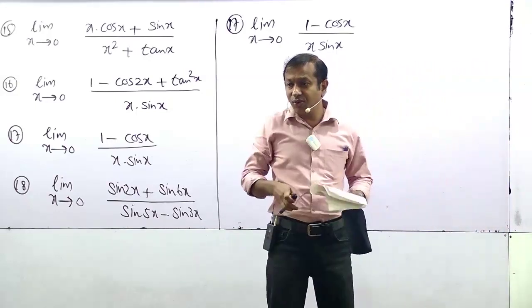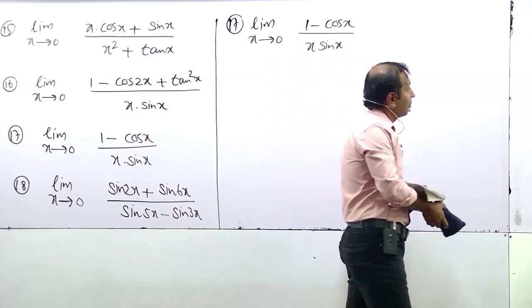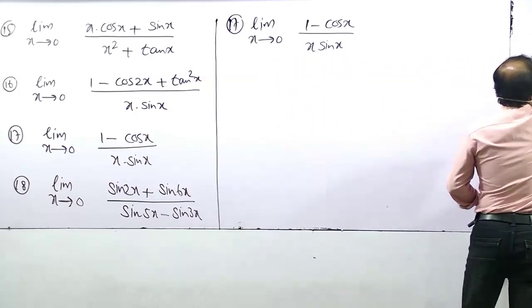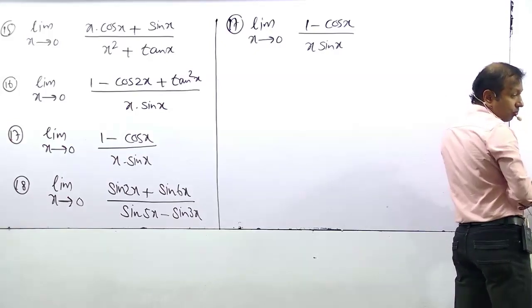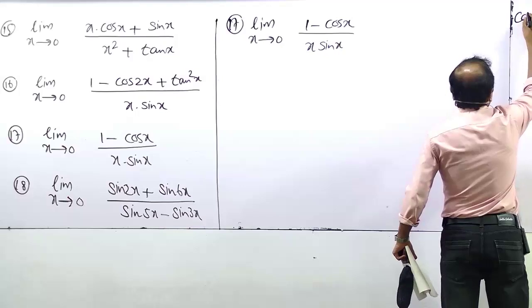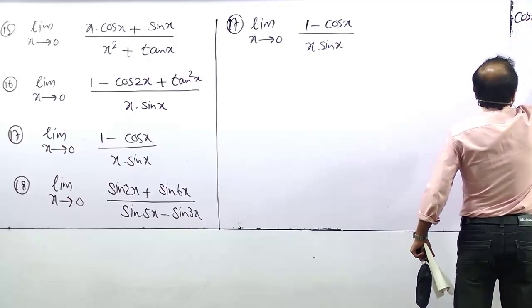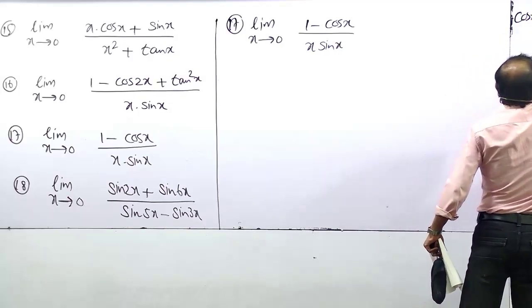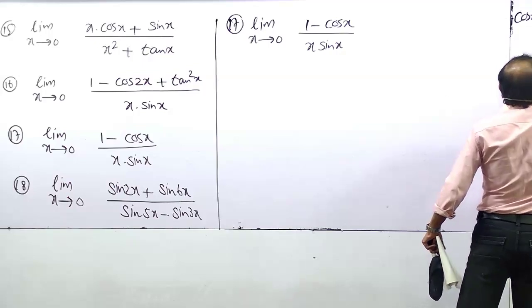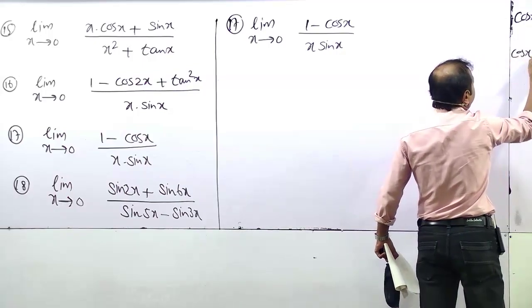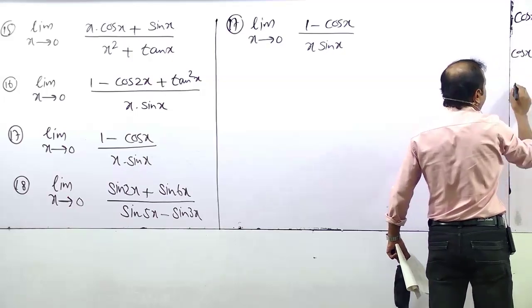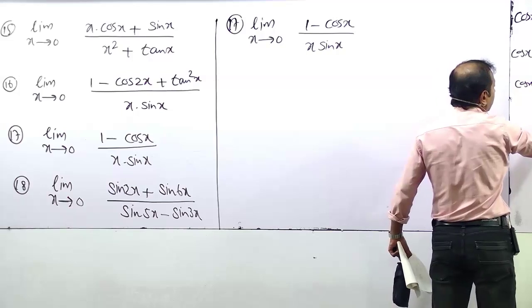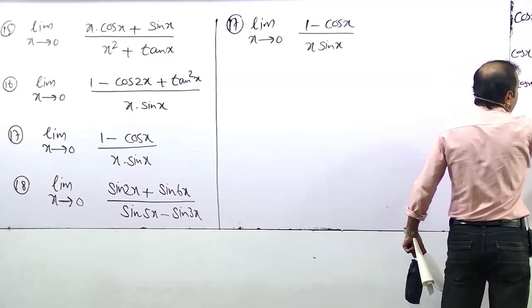The first one is cos squared x by 2 minus sin squared x by 2. What is the next one? 2 cos squared x by 2 minus 1. What is the third one? 1 minus 2 sin squared x by 2.